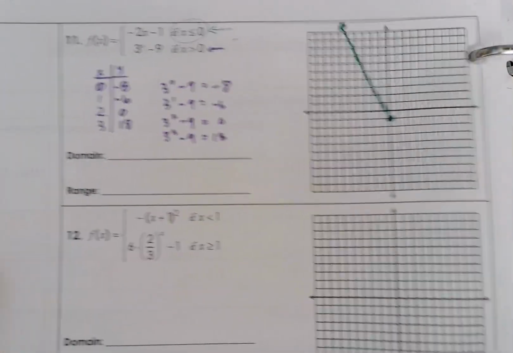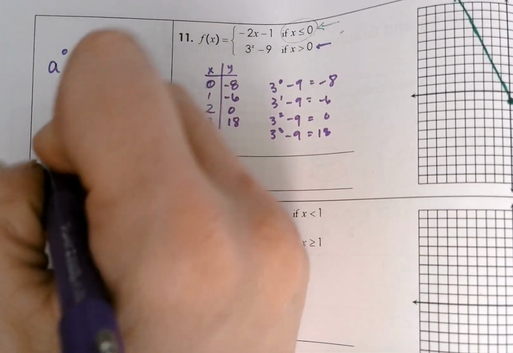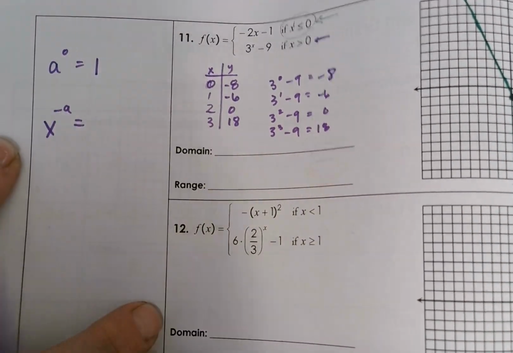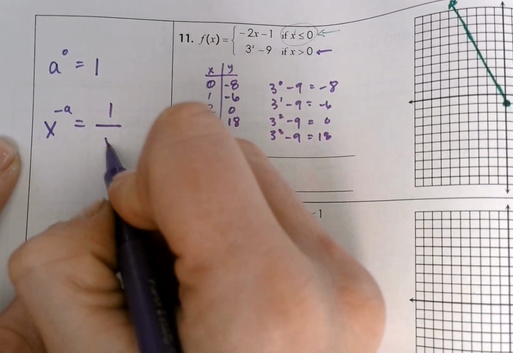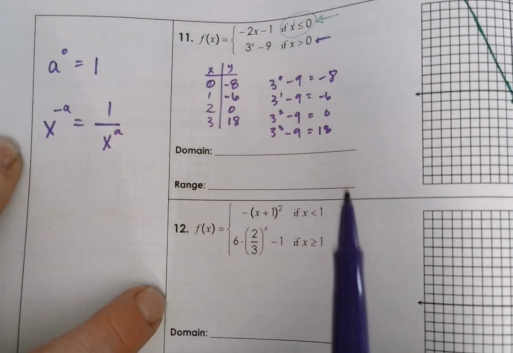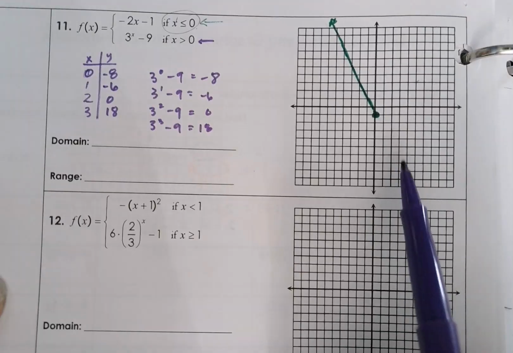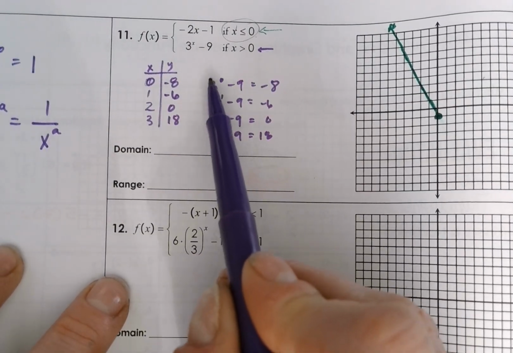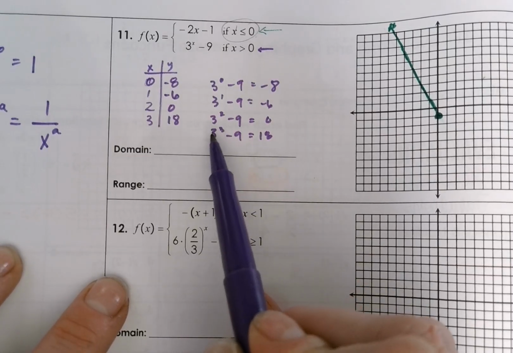Just in case this comes up, another exponent rule that you might need is the negative exponent rule. The negative exponent rule is x to the negative a is 1 over x to the a. So if we were going to graph this function to the left, we would end up with smaller and smaller numbers for this 3 to the x, right?